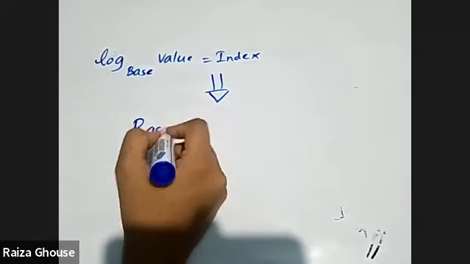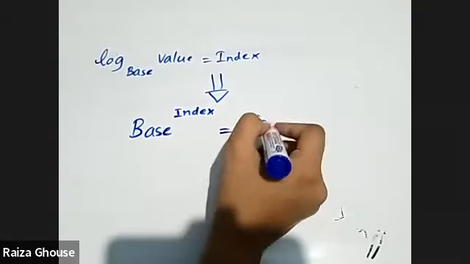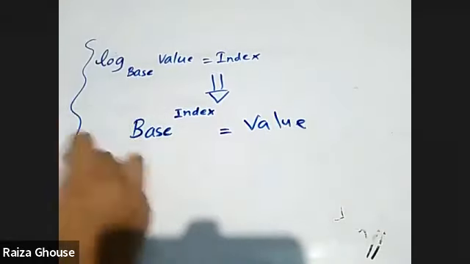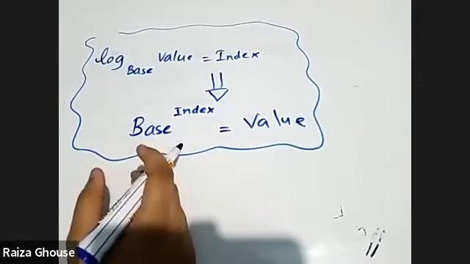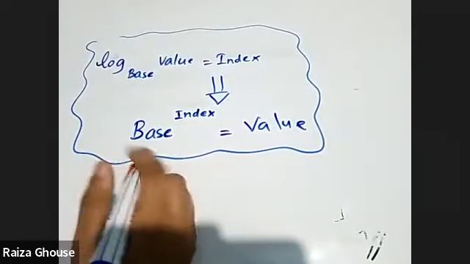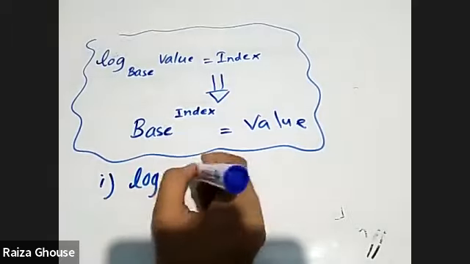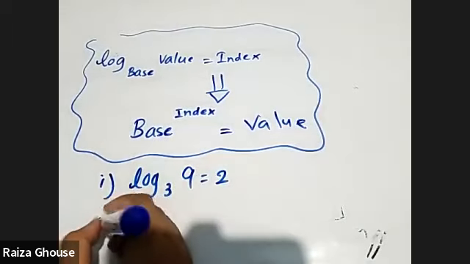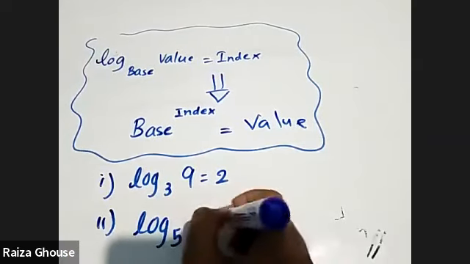Base index equals value. This is the conversion. So write the topic, converting logarithmic form to index form, and copy down these questions and write the index form in front of that or below that.